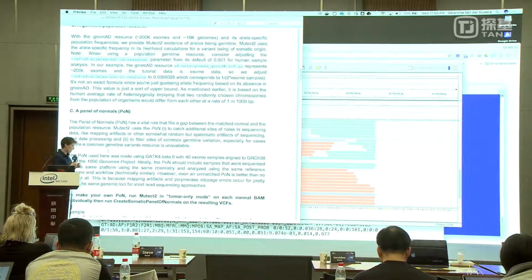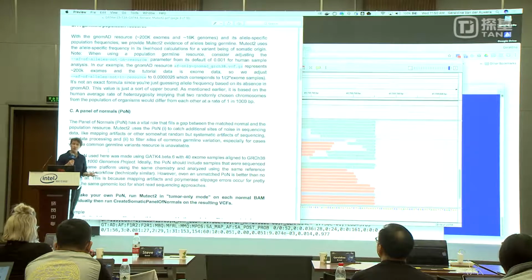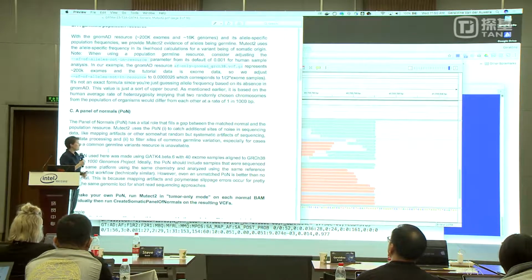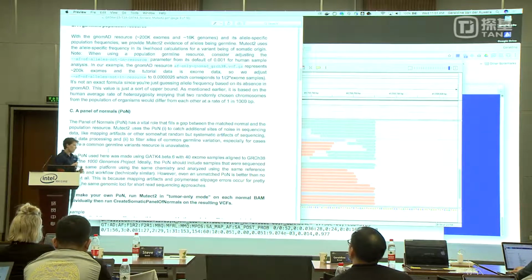Because if you have a whole bunch of other samples that are sequenced, generated with the same technology, you expect some proportion of them to be subject to the same systematic artifacts. Now, some of those systematic artifacts might be caught by base quality score calibration in pre-processing, but some of them will still get through. And so the panel of normals is how we're going to get rid of that.